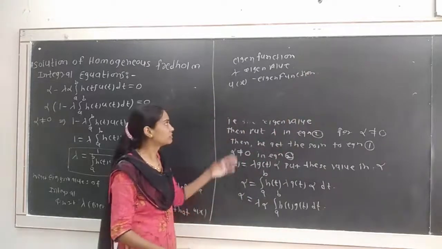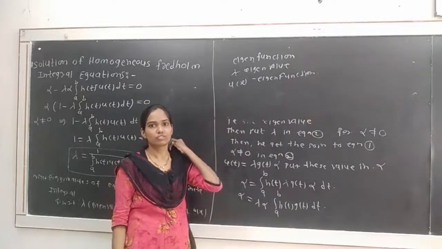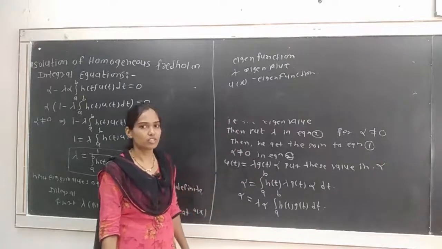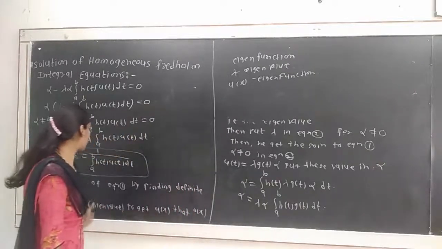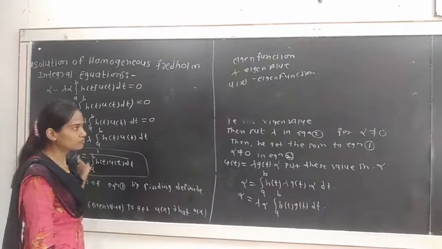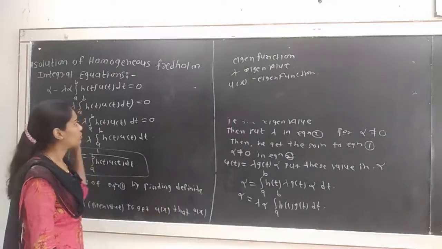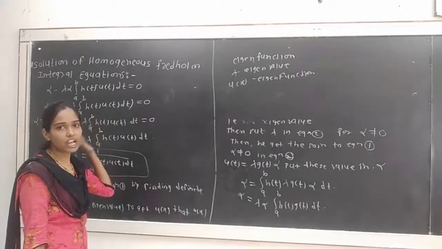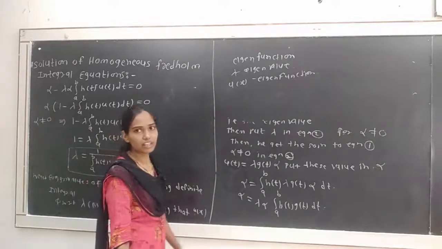Also u of x is called the solution of the given homogeneous integral equation. So in this way we can find the eigenfunction and the solution of the given integral equation.